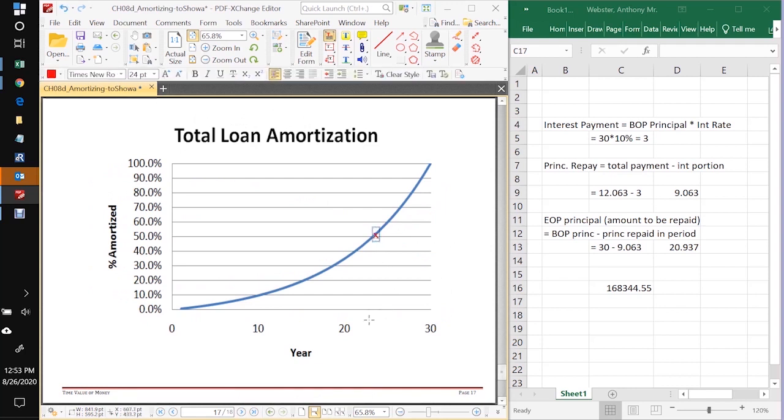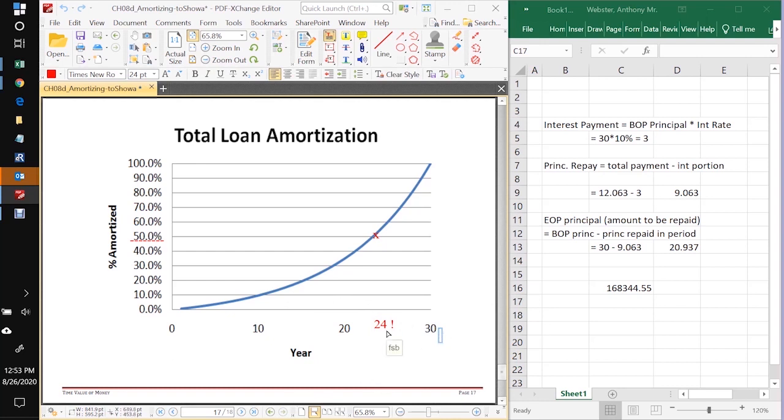So this is a table showing year, we have our 30-year loan here, versus the percent of the loan that is amortized. And you notice that we don't get to 50% amortized. In other words, we haven't paid off half of the amount owed until about year 24, okay? That's pretty horrific, all right?